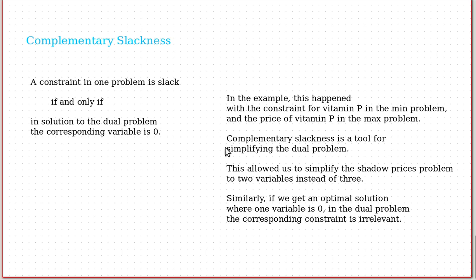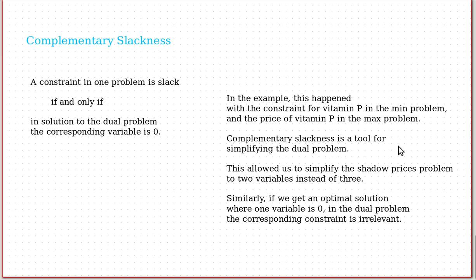Complementary slackness suggests that what you do is solve the simpler one first, whichever one looks simpler, and then use complementary slackness to simplify the other problem, right? So in the problem we did, we first solved the minimization problem.